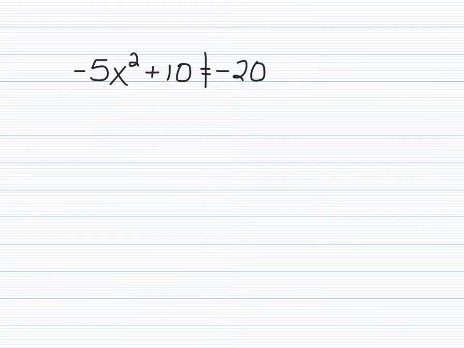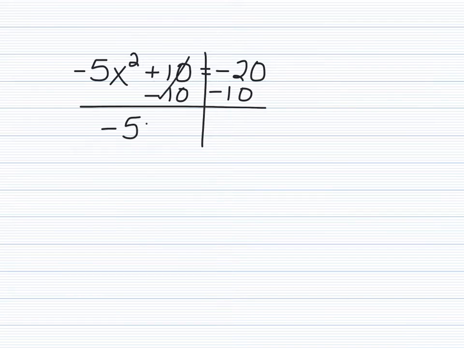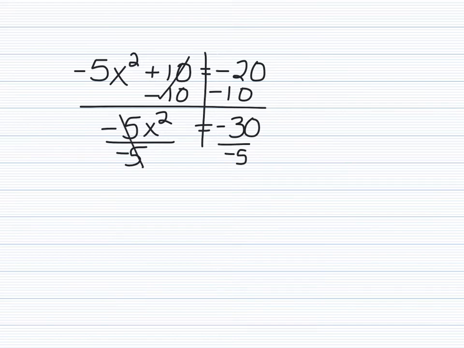So first thing we're going to do is work backwards on that PEMDAS. So first we have to undo the adding. So we're going to subtract 10, negative 5x squared equals negative 30. Okay, divide by negative 5, and x squared equals 6.